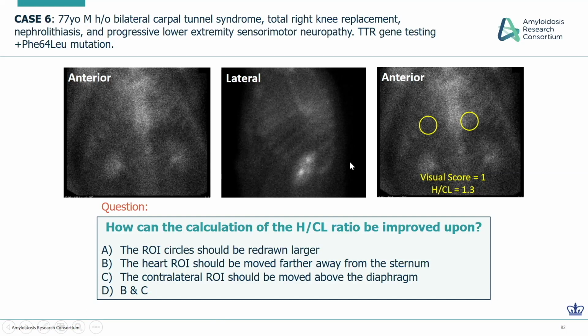If you look at the heart region, which is including the sternum, that's going to affect the heart to contralateral ratio. So it should be moved towards the right so that it's away from the sternum. And the contralateral ROI is a little bit below the diaphragm. That's also going to affect the ratio, so that has to be moved up a little bit. So the heart to contralateral ratio ROIs need to be redrawn.